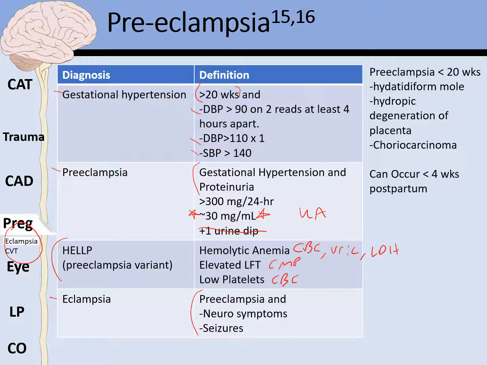If you have any concerns or questions about this diagnosis in your patient, then a consult should be done with OB. Do remember that eclampsia can occur up to 4 weeks postpartum. Additionally, it can occur in less than 20 weeks gestation, but typically from a hydatidiform mole, hydropic degeneration of placenta, or choriocarcinoma.